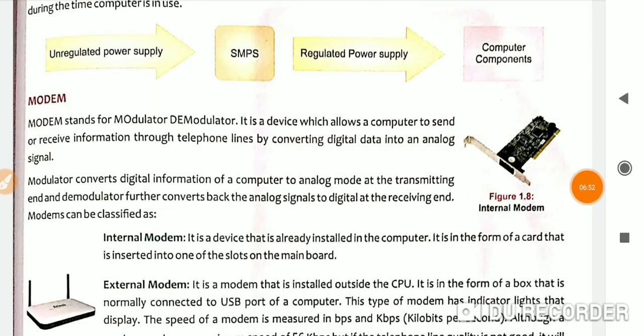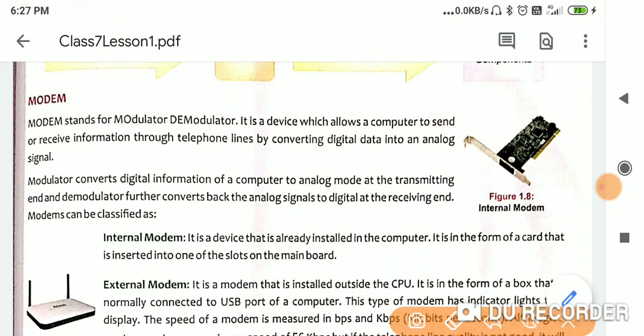Now the next question is, what is modem? Mention its types. So the answer is given on page number 9 under the heading modem. You have to write, modem stands for modulator, demodulator. It is a device from here till signal.